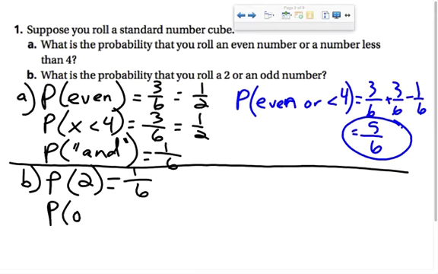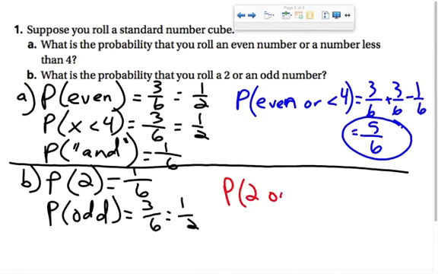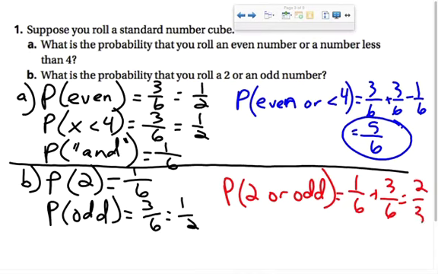The probability of rolling an odd on a standard number cube, there's 1, 3, and 5, so that's 3/6, which reduces to 1/2. Therefore, the probability of 2 or odd is 1/6 plus 3/6, which is 4/6, and that reduces to 2/3.